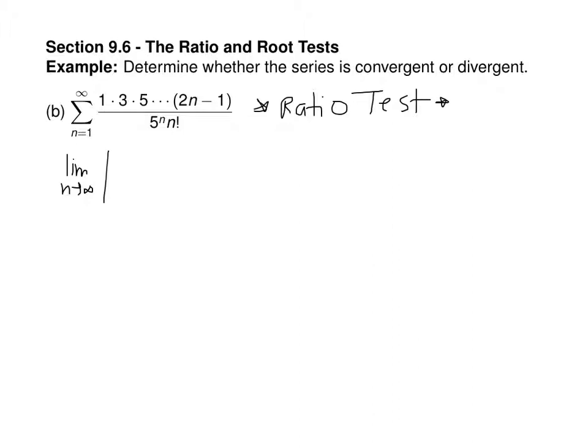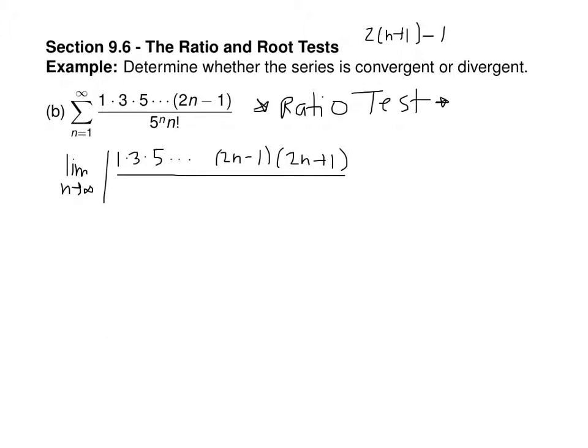First, if we input n plus 1, we'll have 1 times 3 times 5 up to 2n minus 1, and then inputting n plus 1, 2n plus 1 minus 1 will be 2n plus 1, all over 5 to the n plus 1 times n plus 1 factorial. That's the a sub n plus first term multiplied by the reciprocal of a sub n: 5 to the n times n factorial over 1 times 3 times 5 up to 2n minus 1.